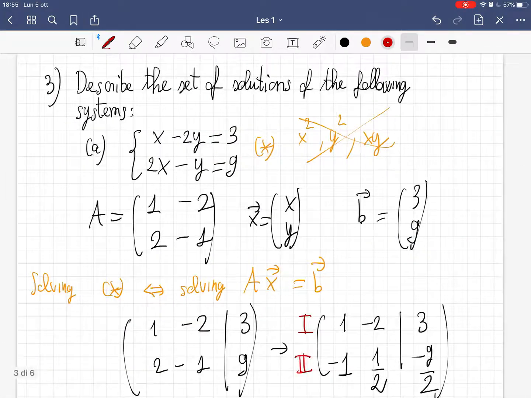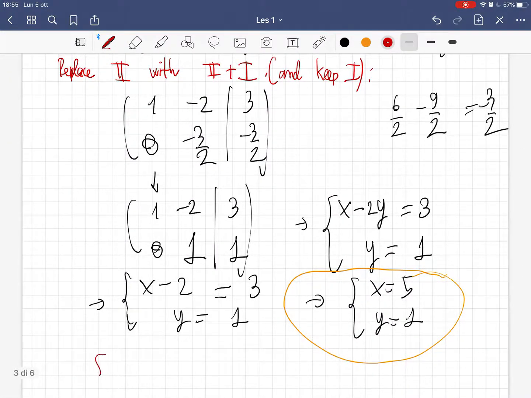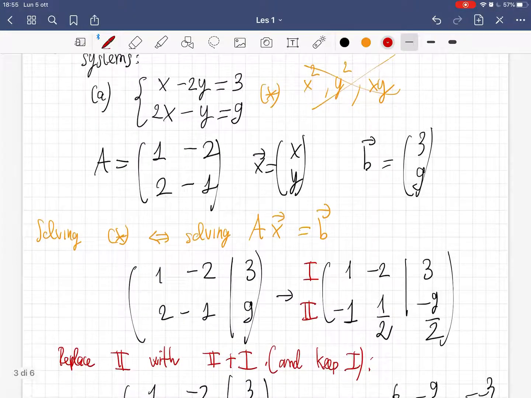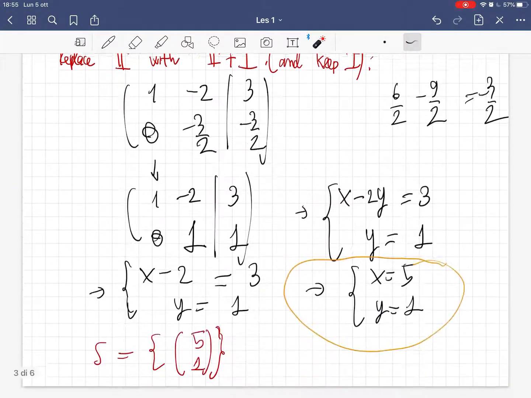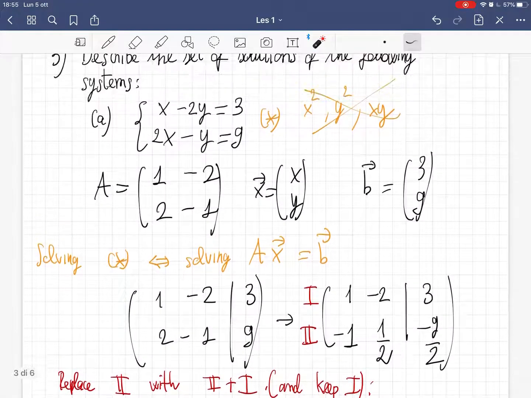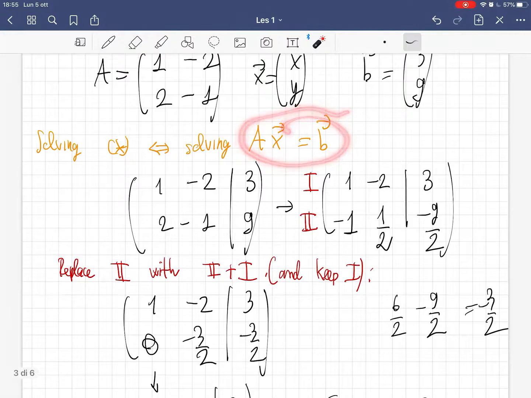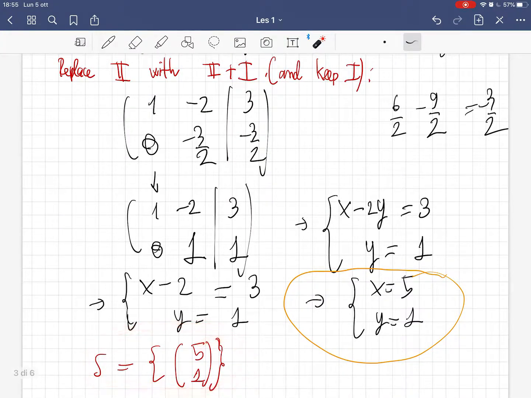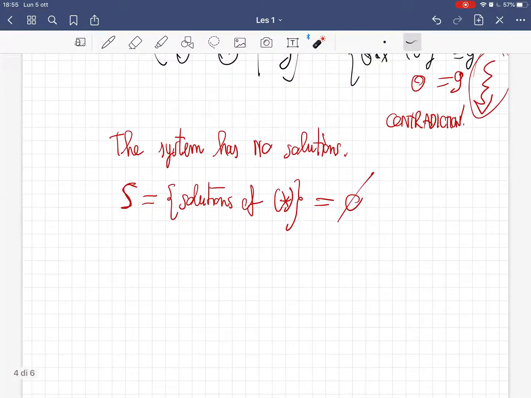Whereas, if you want to use this notation, you can write S as just this set with just this one element. So this means the solutions written in this vector form. And this is what you normally do. You think of a linear system as a system involving vectors like this, and then you write solutions as vectors. So this means that this is x and this is y, of course. Okay, so this one has no solutions.